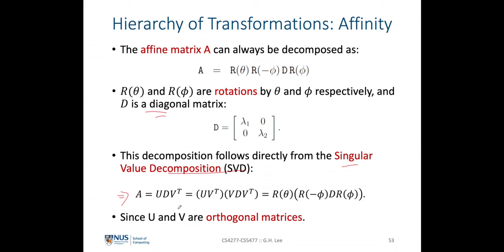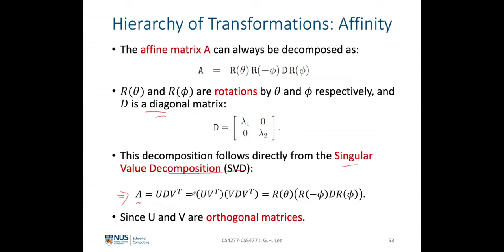This is the definition of singular value decomposition. Any square matrix can always be factorized into the left orthogonal matrix and the right orthogonal matrix, as well as the diagonal matrix that contains all the singular values, which are also the eigenvalues of the matrix A over here.